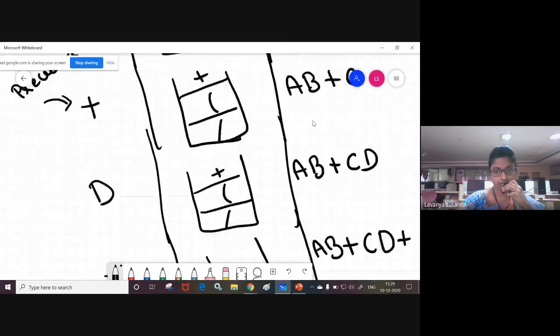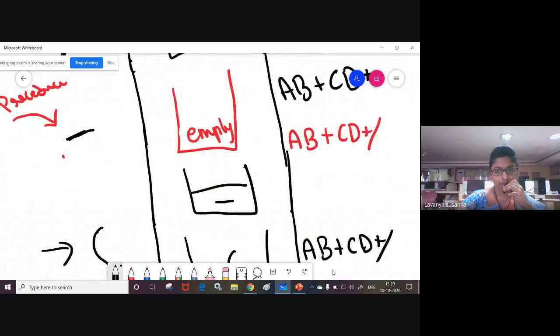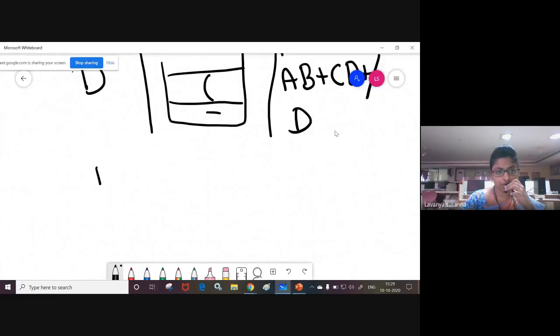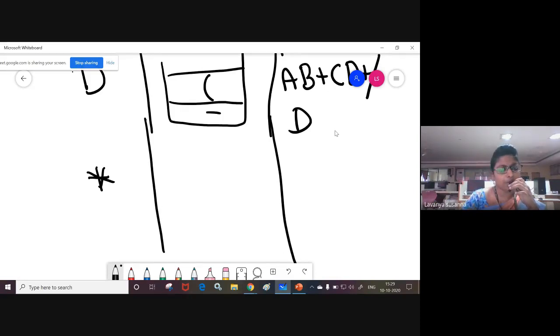If you got operator, you need to compare precedence. You need to compare the precedence of the scanned symbol with the precedence of the symbol present in the stack's topmost element.